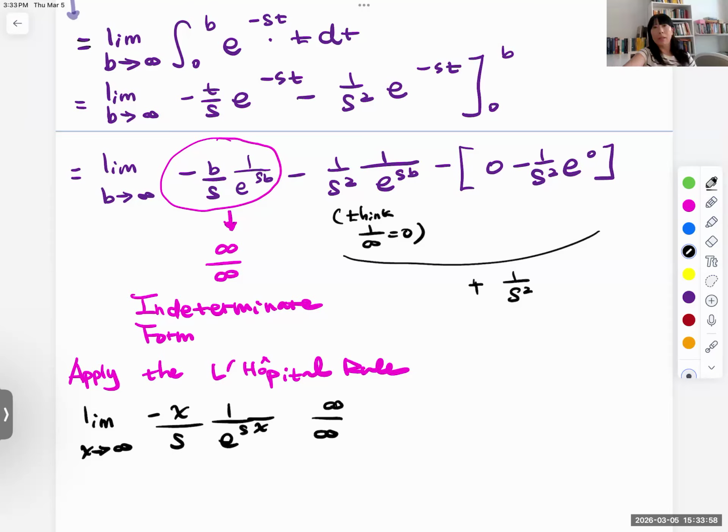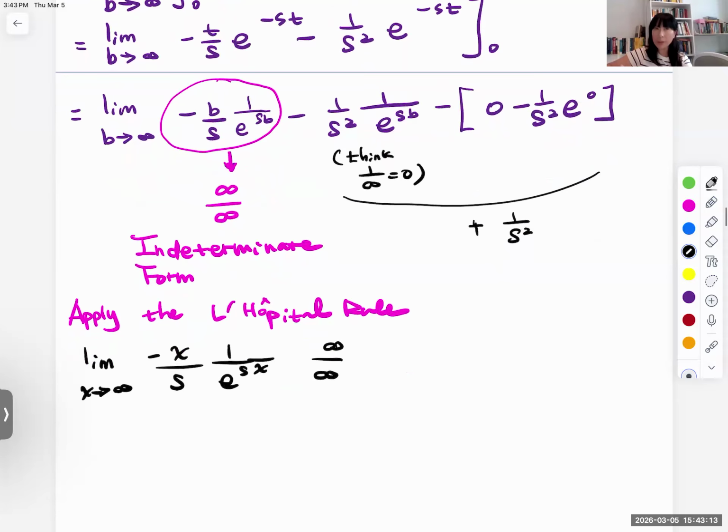Okay, sorry, hold on one second. So with the L'Hopital rule, we take the derivative of numerator and denominator separately.